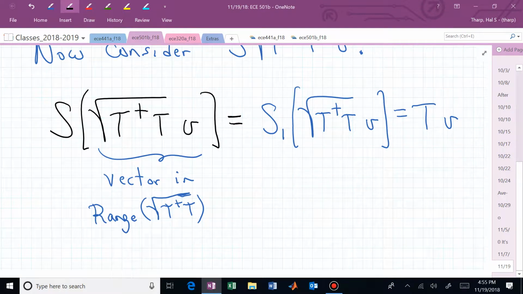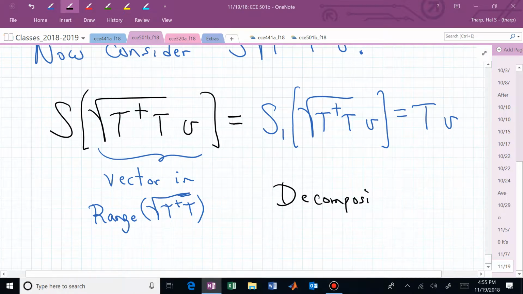We didn't say where v was coming from to begin with. It was from our big vector space, capital V. So this decomposition works for all v in our underlying vector space, capital V.